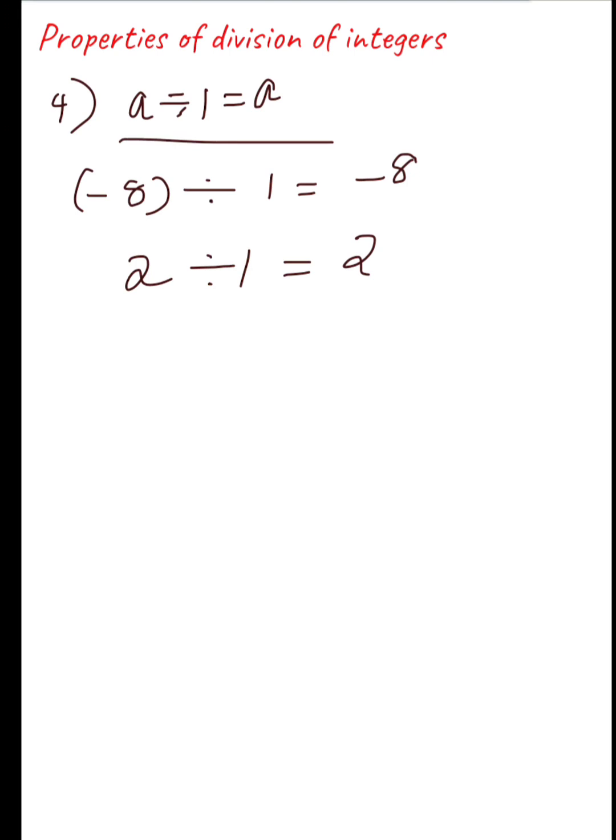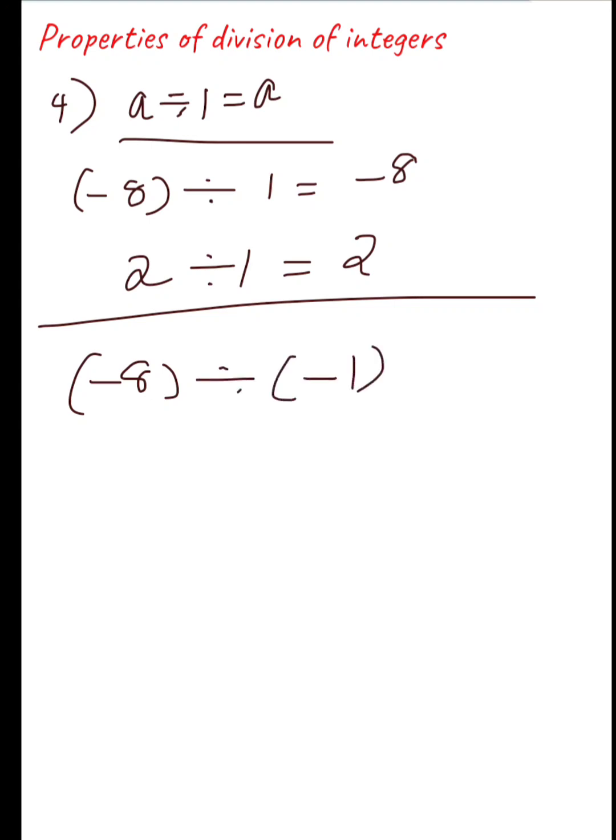Now, what about the case if, instead of 1, I am dividing by minus 1? What will be the answer? Suppose I am taking minus 8 and dividing it by minus 1. Will you get the same answer? No. Then what will you get?